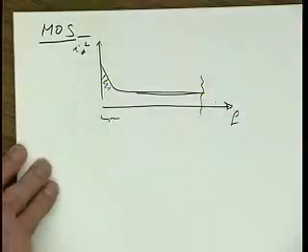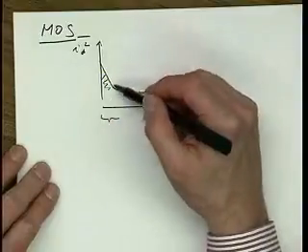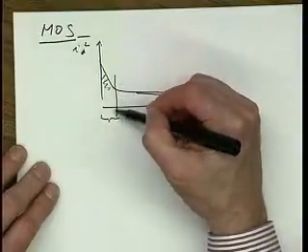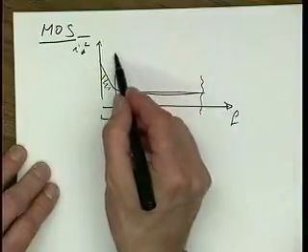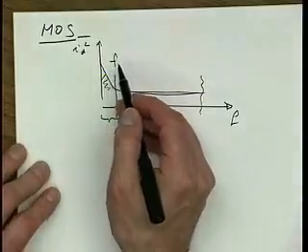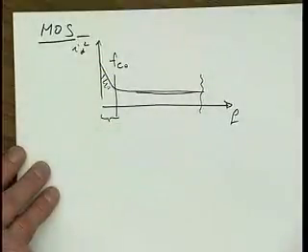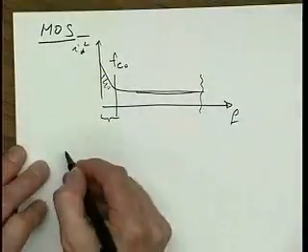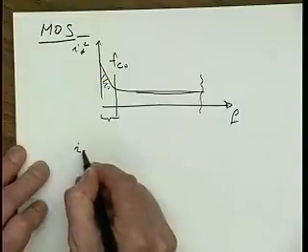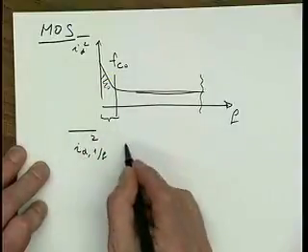And at low enough frequency, it's the flicker noise that dominates if we have a MOS transistor, for example. And this frequency here, we call this the corner frequency, FCO.